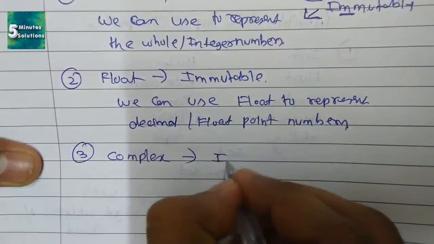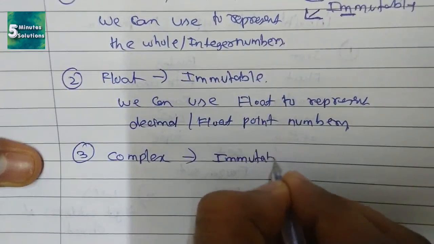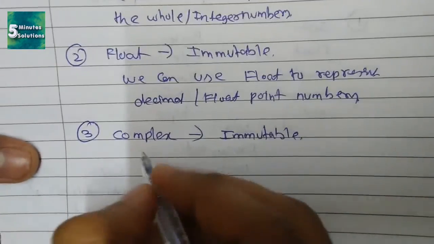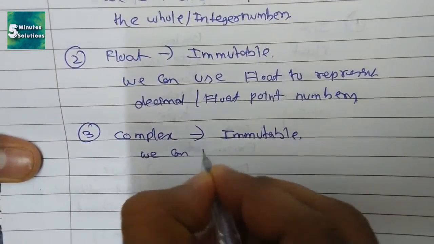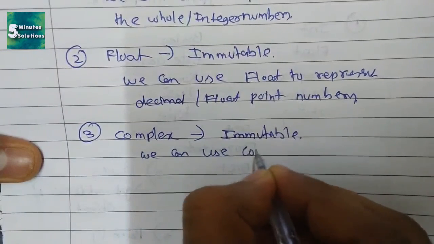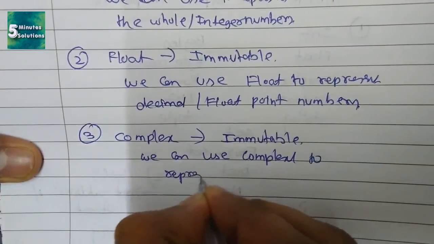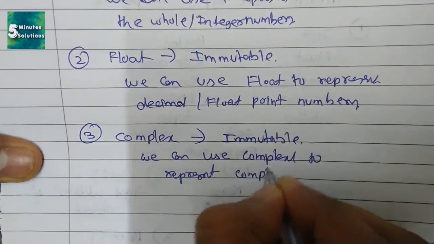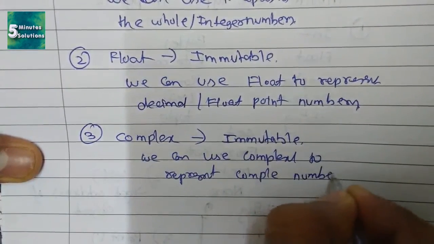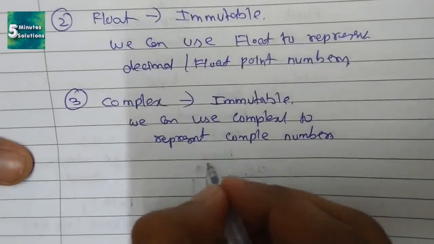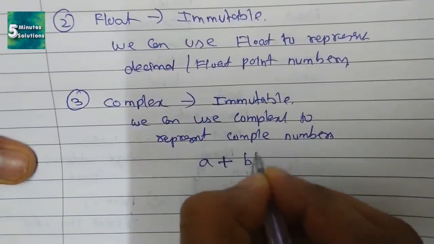Third one, complex. Complex is also immutable in Python. Normally we use complex to represent complex numbers. Complex numbers are always in the form of a plus b j.